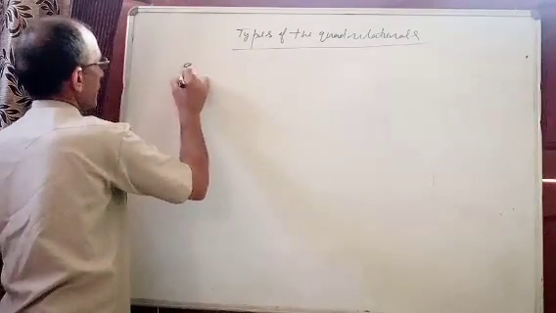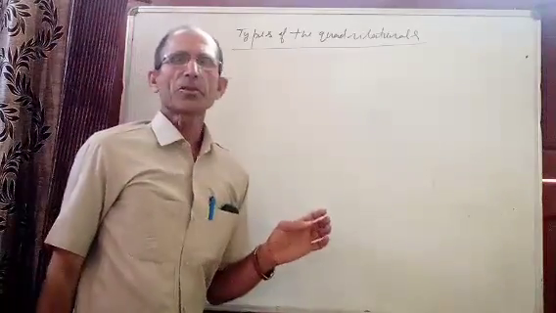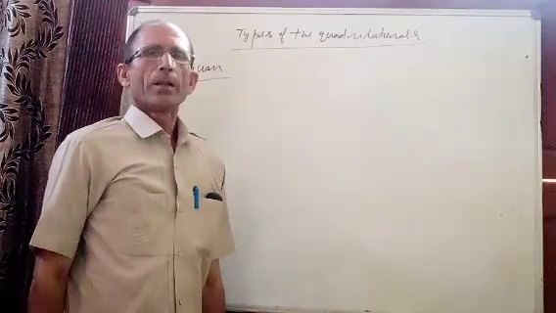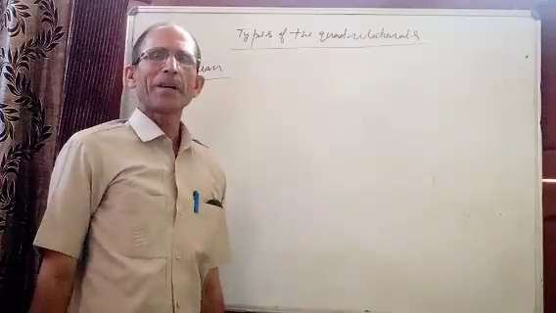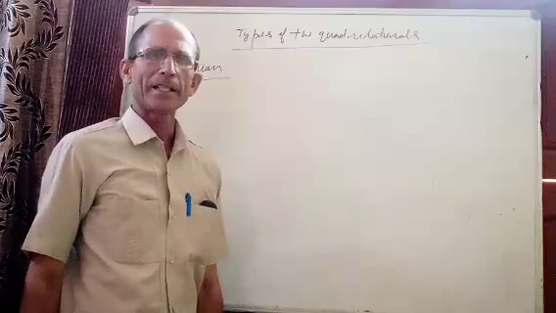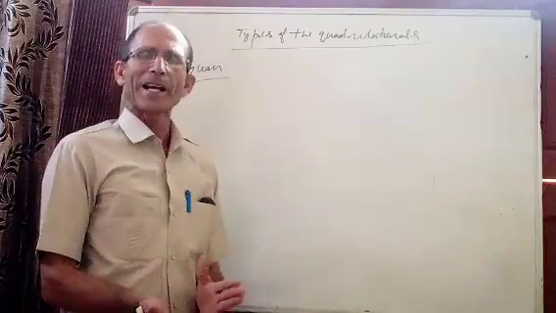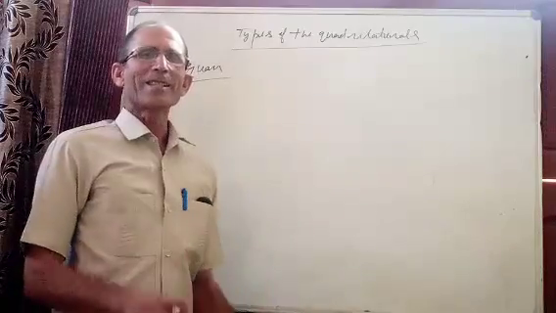Square. What is a square? What is the difference between rectangle and square? In a rectangle, each angle is 90 degrees. In a square also, each angle is 90 degrees. Opposite sides of a rectangle are equal and parallel. In a square also, opposite sides are equal and parallel.